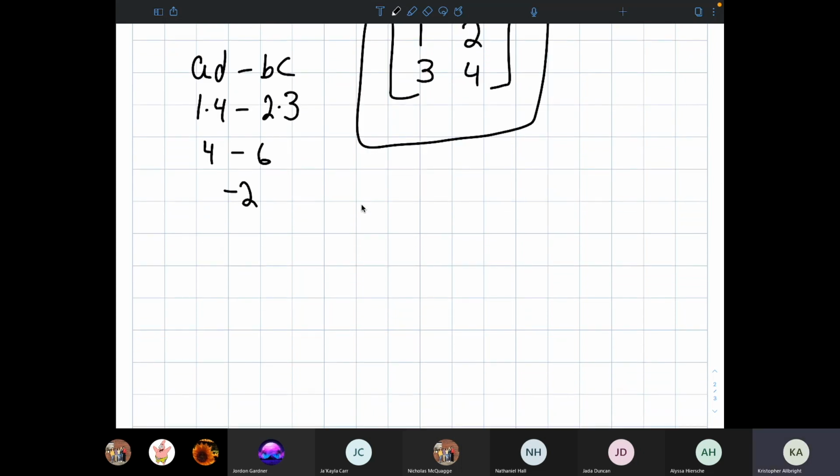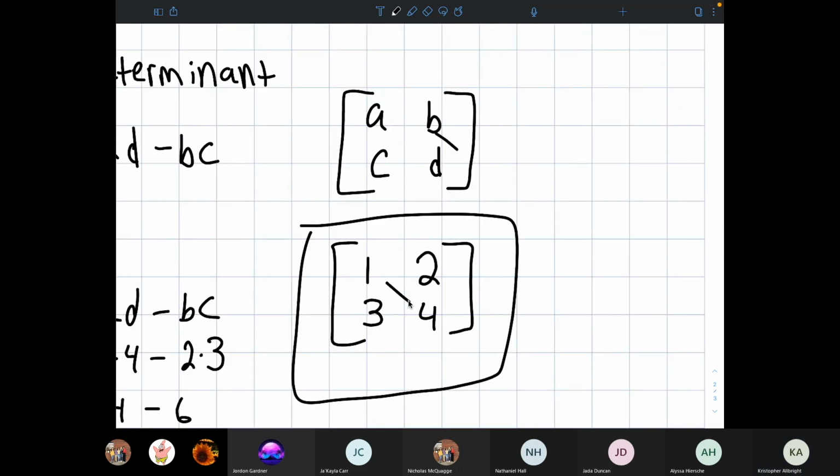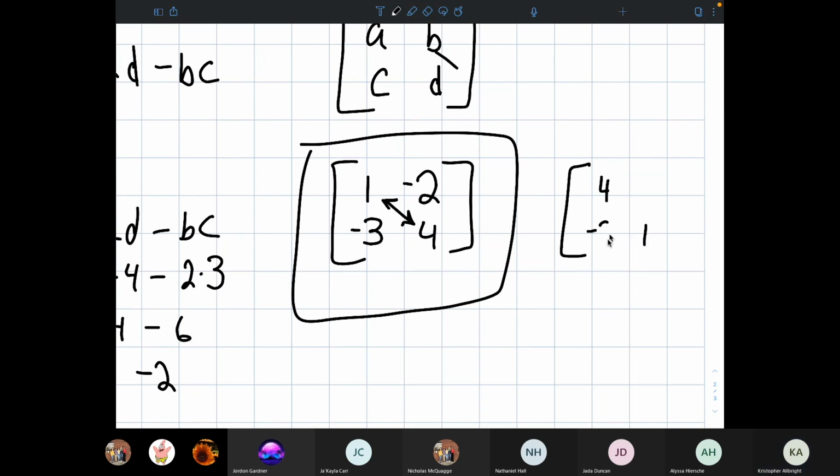The way that we do that for a square 2 by 2 matrix is we flip these two, and then we turn these negative. So when we do that, it is going to look like this: 4, 1, -2, -3.